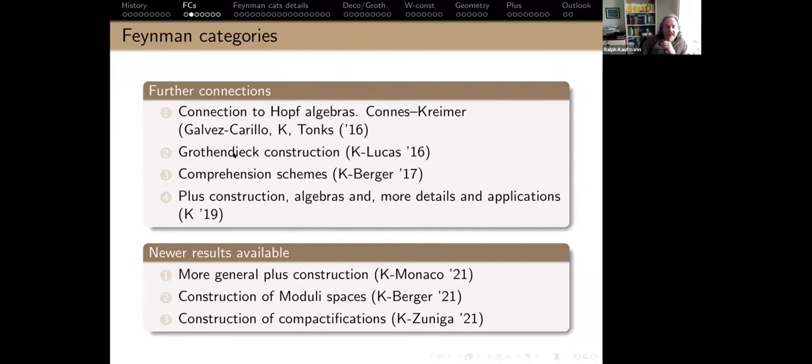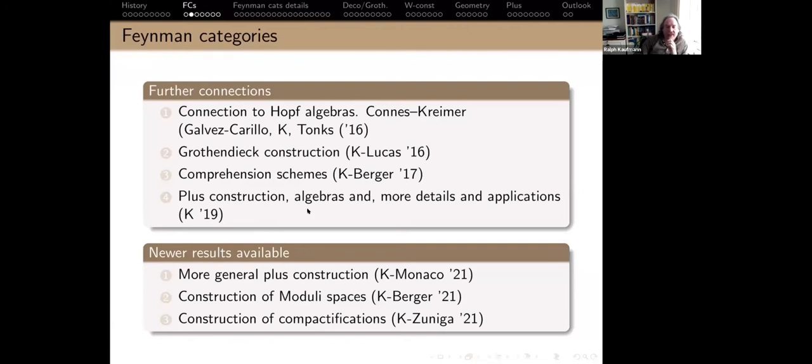We gave something called decoration, which turned out later to be a version of a Grothendieck construction, with my former student Jason Lucas. And then together with Clemens Berger, we looked at this and found a nicer way which connects it back to Lawvere. And this is a comprehension scheme, so that goes back to logic.